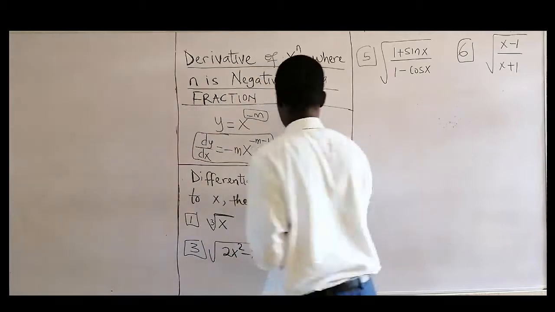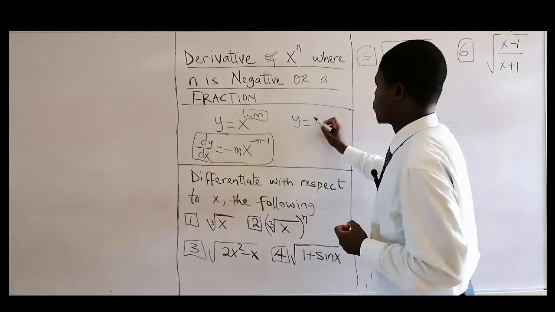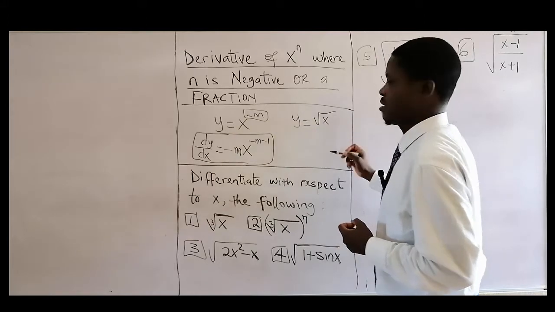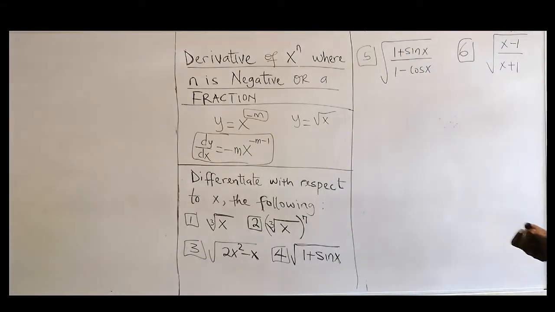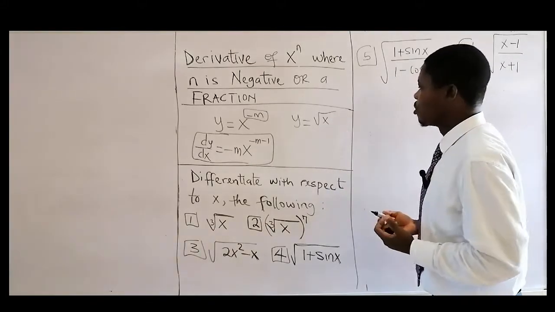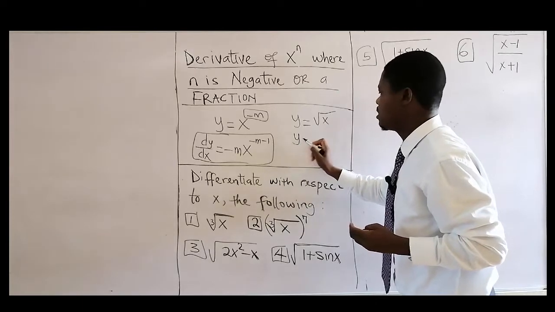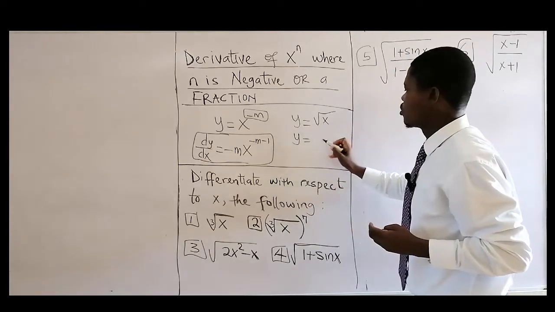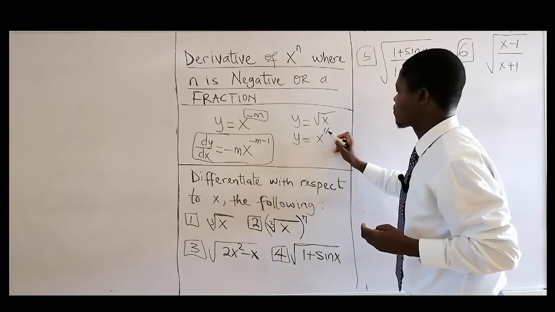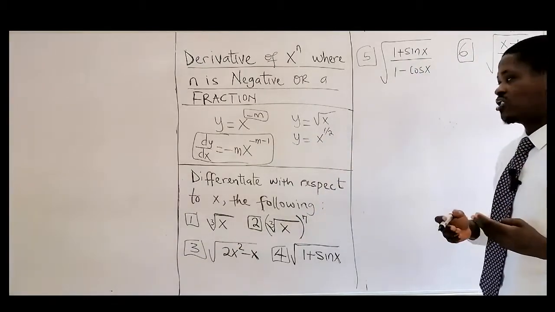Okay, let's also assume that we have y as square root of x, where you have the radical. So how do you take care of these square roots? It's very simple also. What we have to do is to remove this radical, so which will be equal to x to power half. Then after that, you start differentiating.